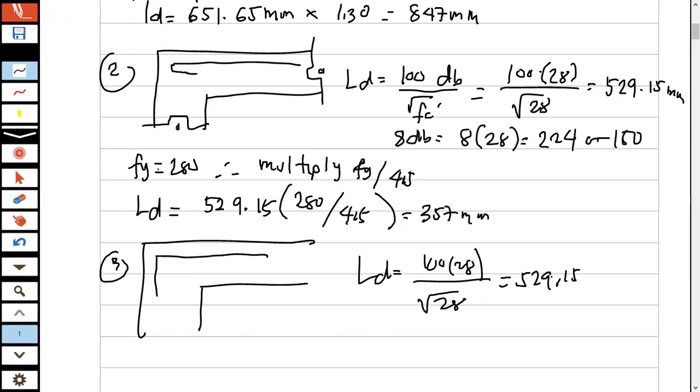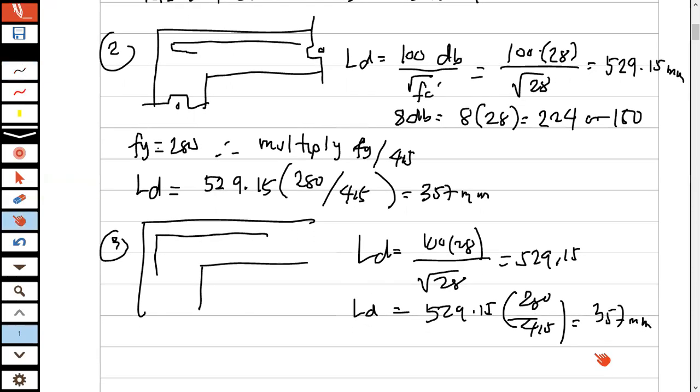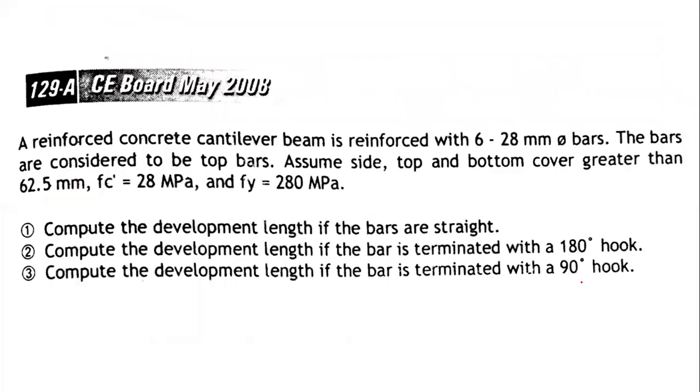Okay, and then since it is other than 415, so minultiply natin ng 529.15 times 280 over 415 is 357. So anong dagdag lang nito sa kino-compute natin? According to the problem, yung covering niya na not less than 50 millimeter. Ito ang covering niya is 62.5.